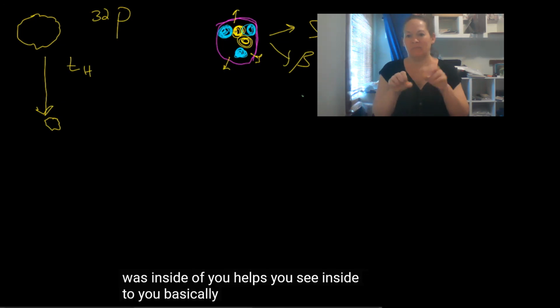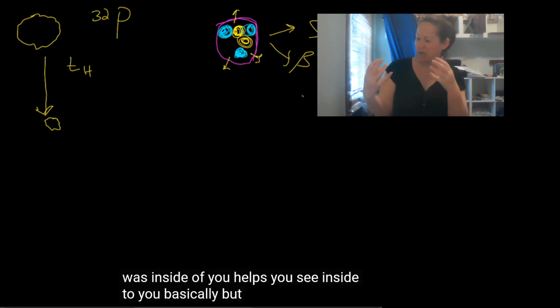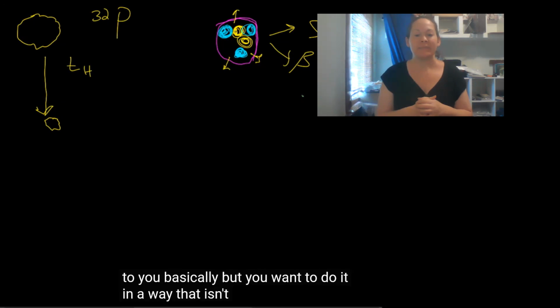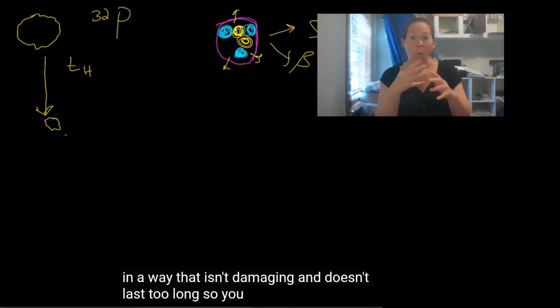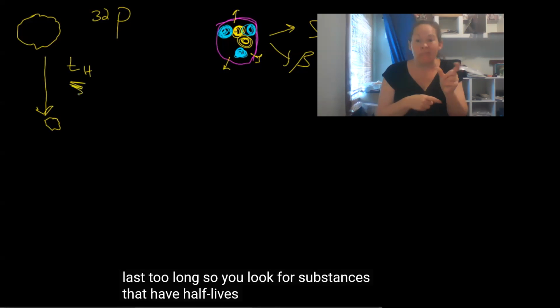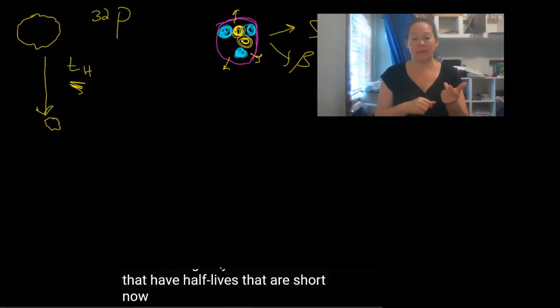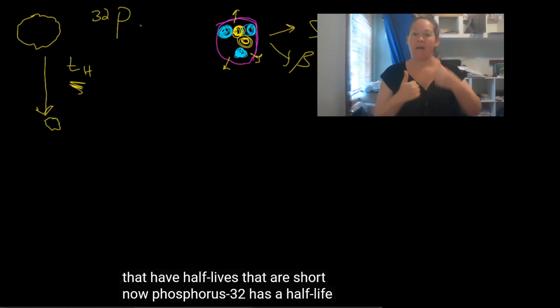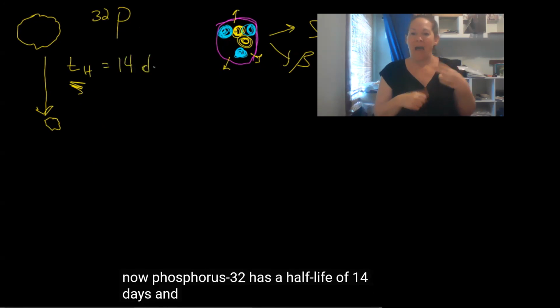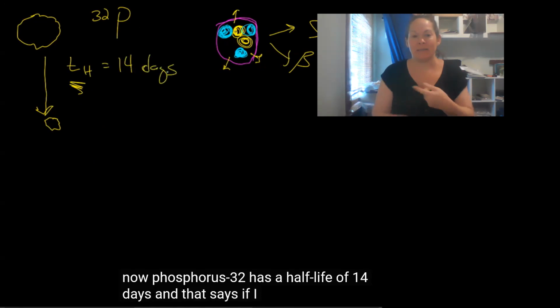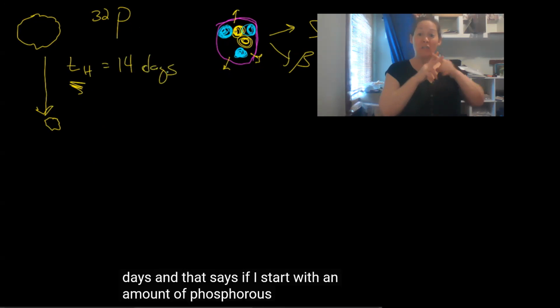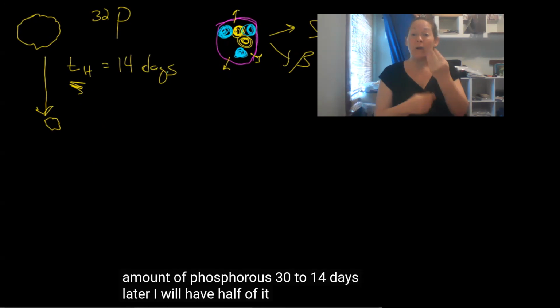Helps you see inside of you, basically. But you want to do it in a way that isn't damaging and doesn't last too long. So you look for substances that have short half-lives. Now, phosphorus-32 has a half-life of 14 days. And that says if I start with an amount of phosphorus-32, 14 days later, I will have half of it.